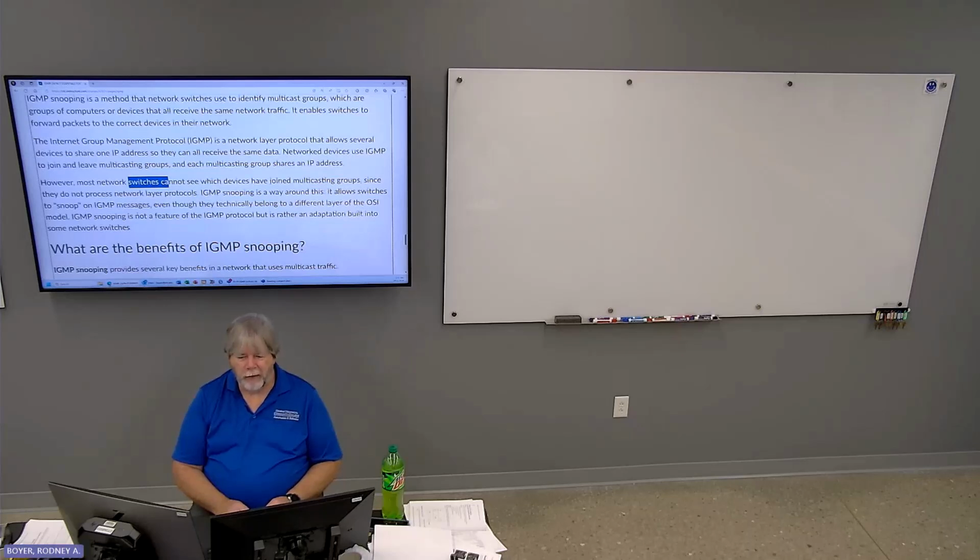So you have to have a switch that is specifically designed to do IGMP snooping in order for it to work correctly. Snooping is a way around this. It allows switches to snoop on IGMP messages even though they technically belong to a different layer.